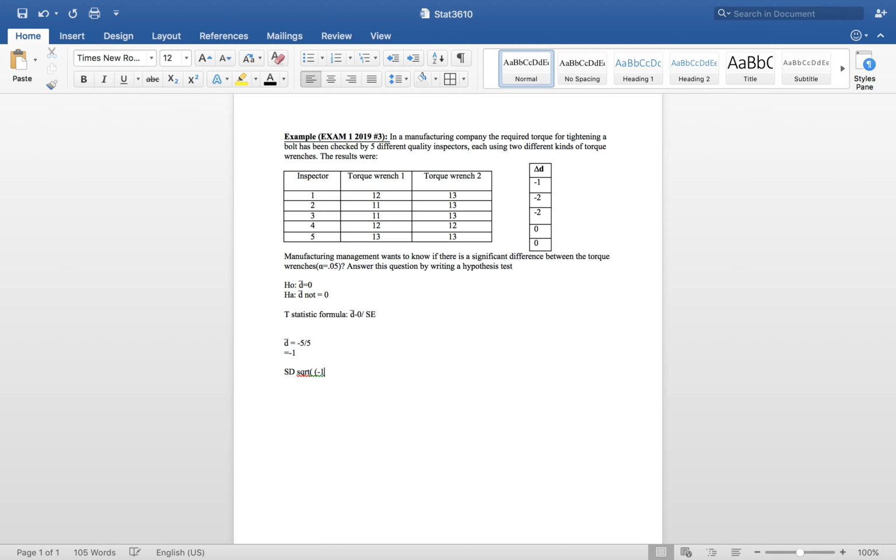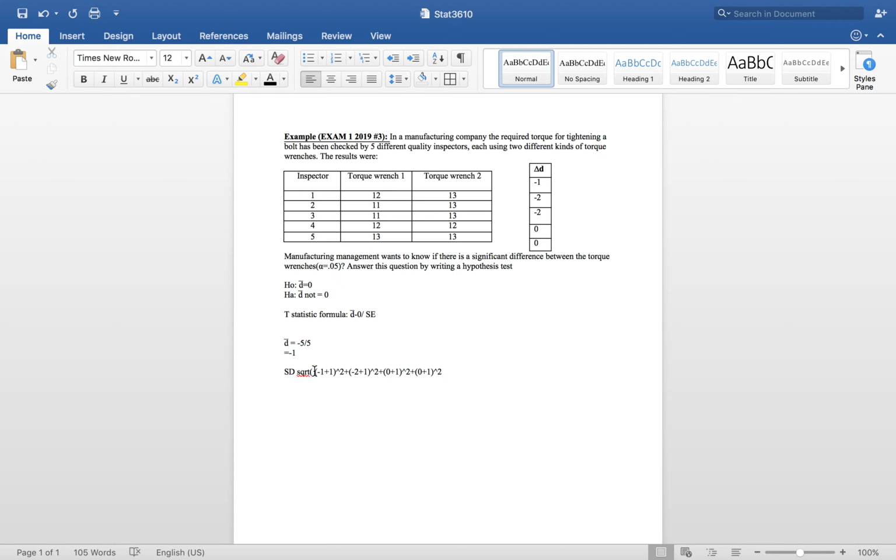So it will be -1 plus 1 squared, plus -2 plus 1 squared, plus 0 plus 1 squared, plus 0 plus 1 squared.